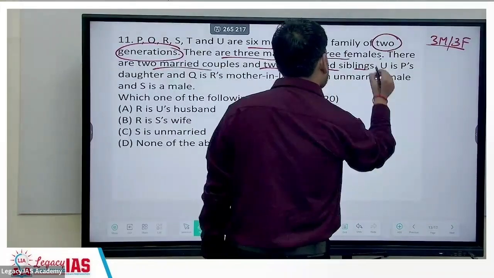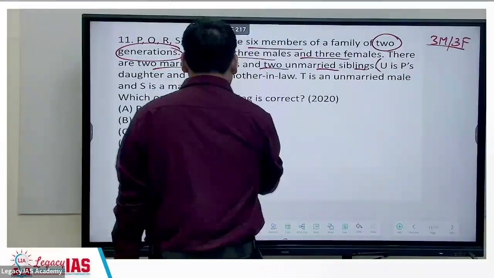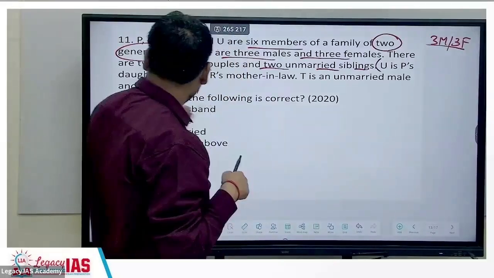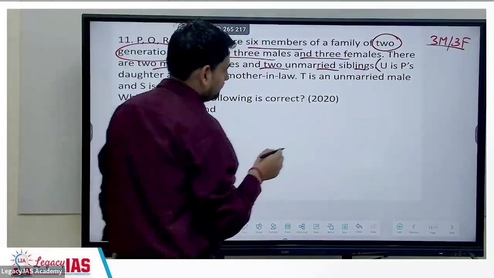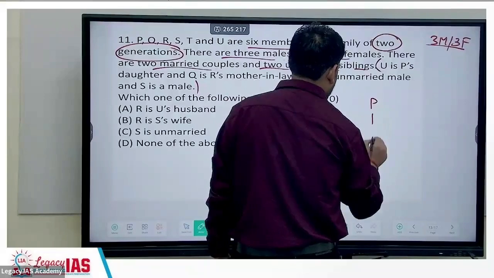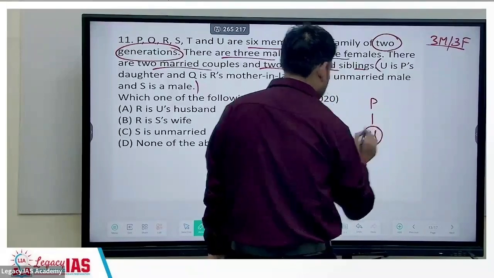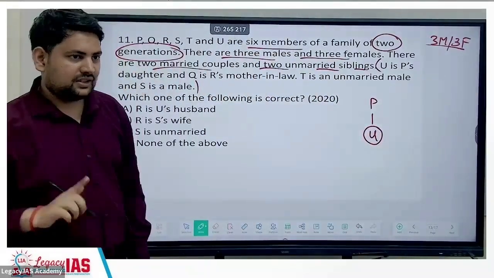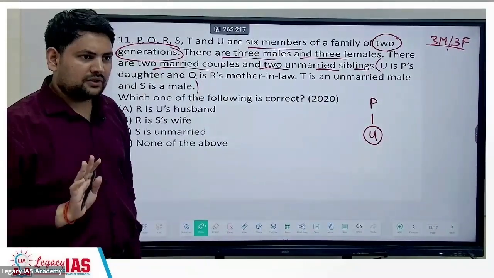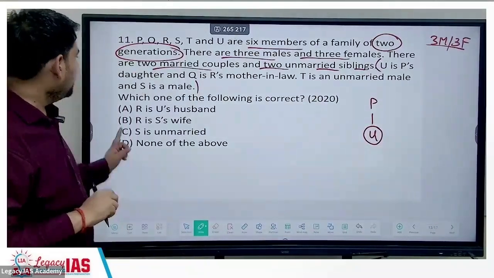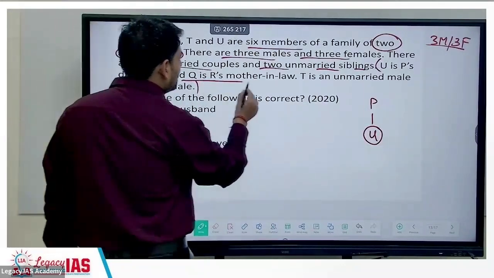Okay, now come to the main part. U is P's daughter. Okay, this is P, this is U. Correct? U is P's daughter. This much you all would be able to do. Then, Q is R's mother-in-law.